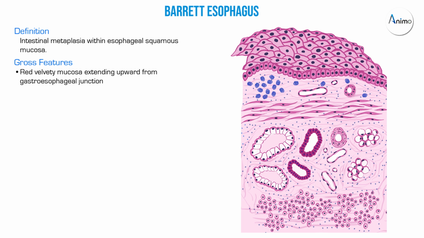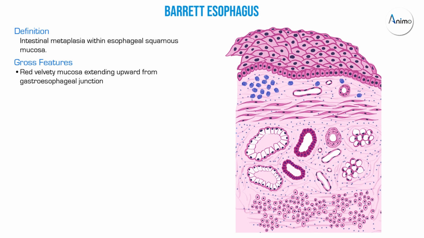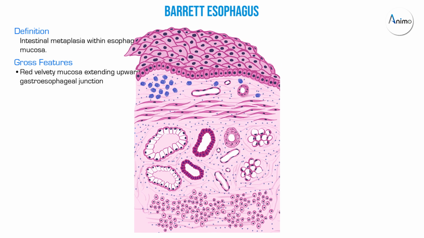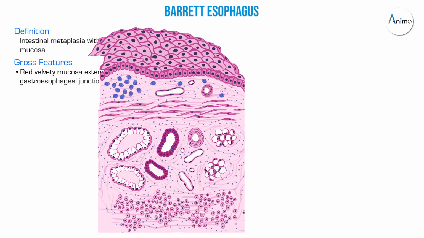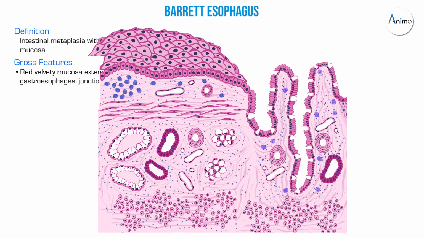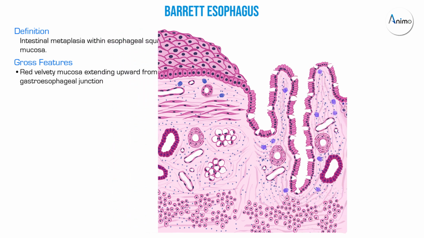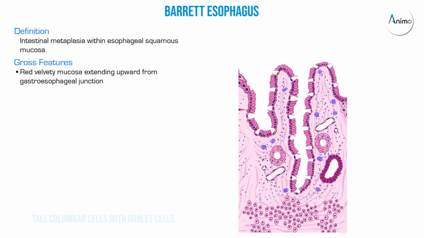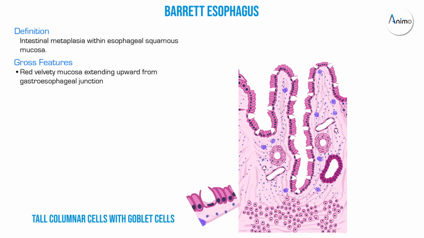That something new is the formation of new epithelium, which is intestinal epithelium containing columnar cells and goblet cells. Look at this new epithelium with tall columnar cells and goblet cells, with a lot of mucus inside them.